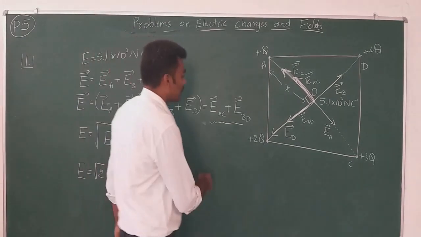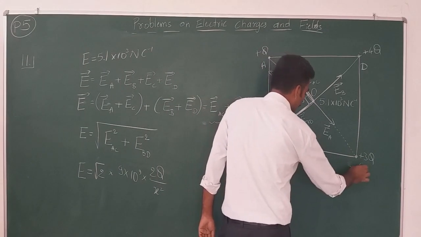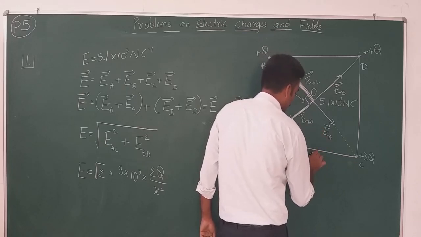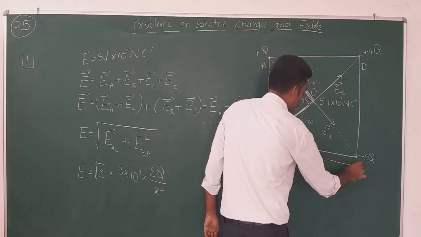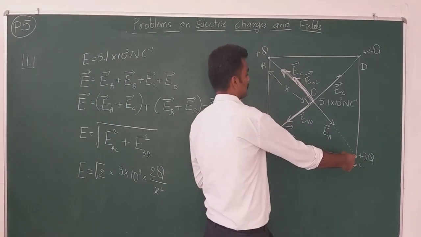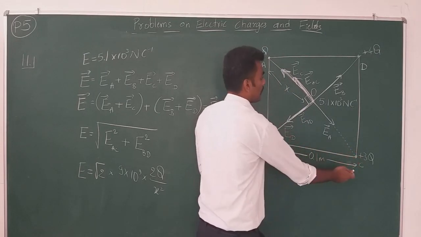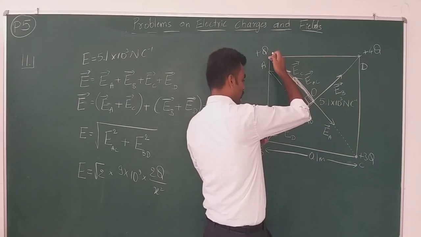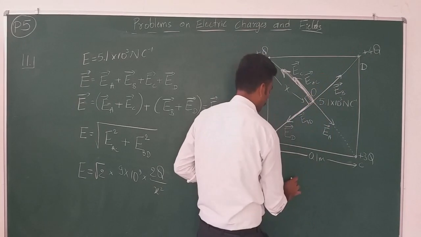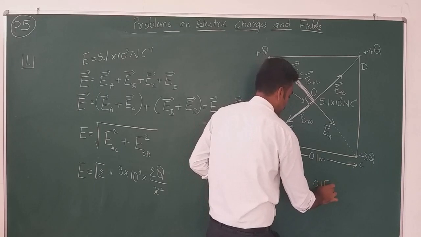And from the given data, we can observe that the side of the square, the distance from A to C, B to C, is 0.1 meter. So, when BC is 0.1 meter, and this is also 0.1 meter, the hypotenuse will be 0.1 root 2, which is AC, right?